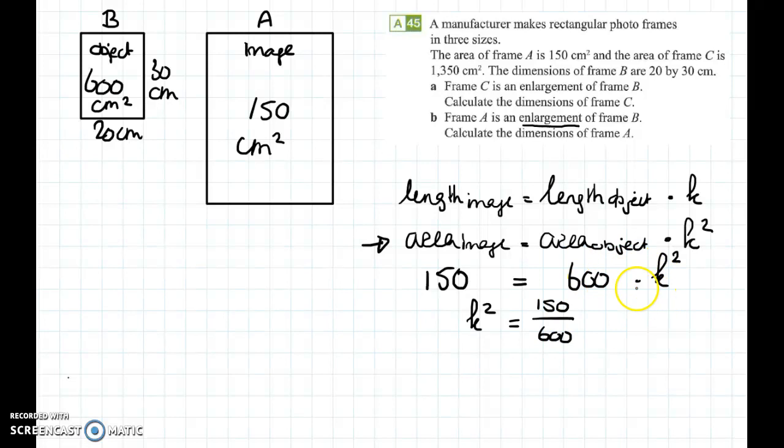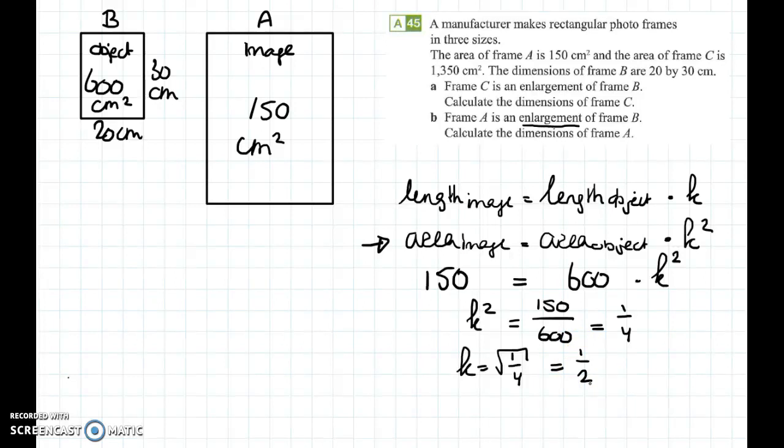To get rid of that 600 in front of the k squared, you divide by 600, so 150 has to be divided by 600 as well. When we do that, we get 1/4, simplifying the fraction. If k squared is 1/4, then k is the square root of that, and the square root of 1/4 is, of course, a half.